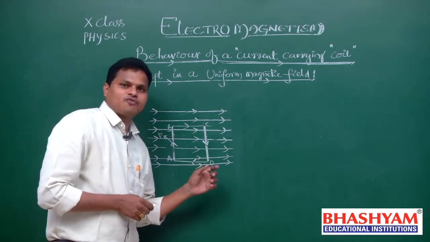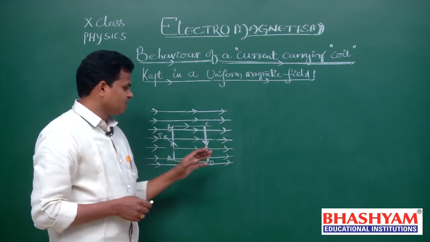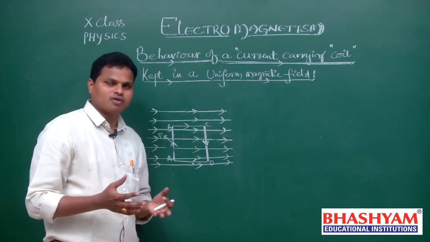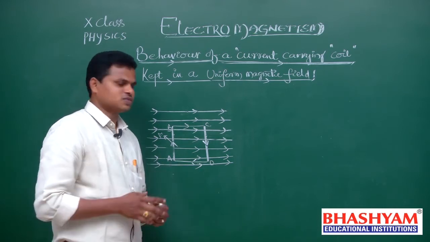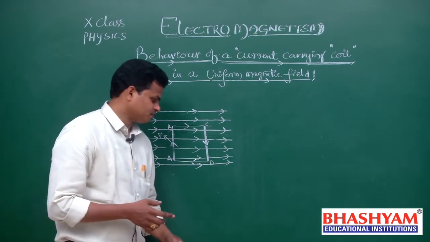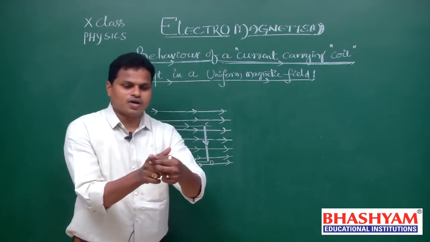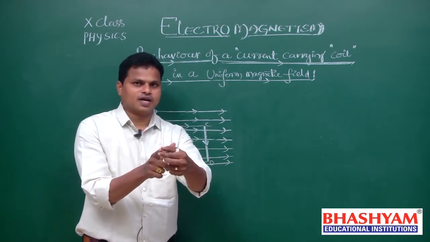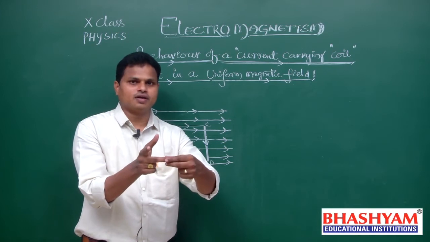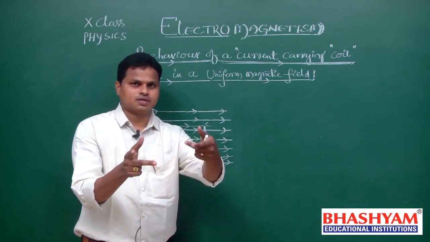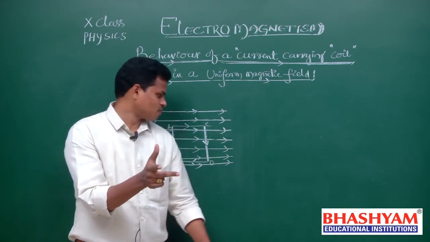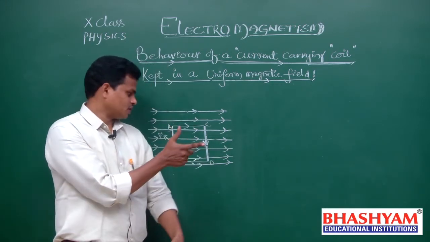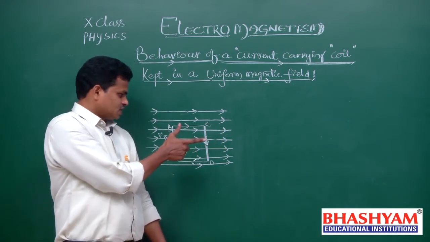Now what is the magnetic force acting on arm CD? By using the right hand rule, you can find the direction of magnetic force on arm CD. The forefinger points towards the direction of current, the middle finger points towards the direction of the field, and the thumb gives the direction of force.